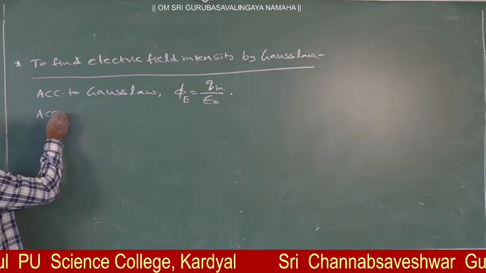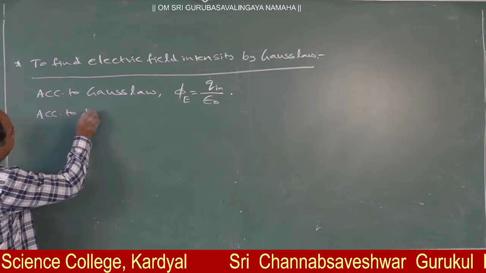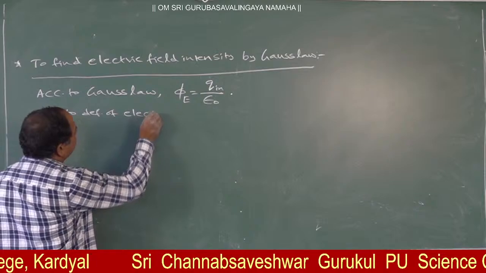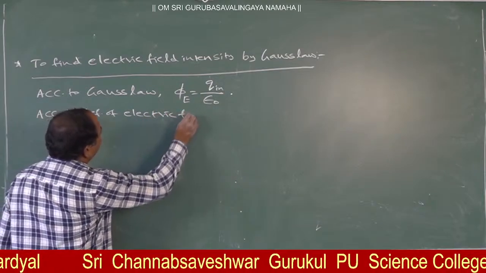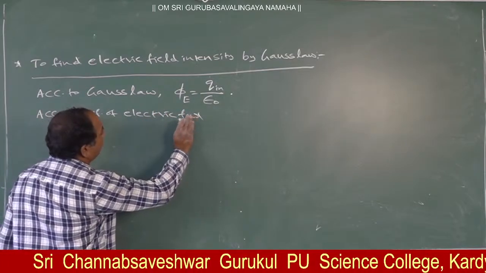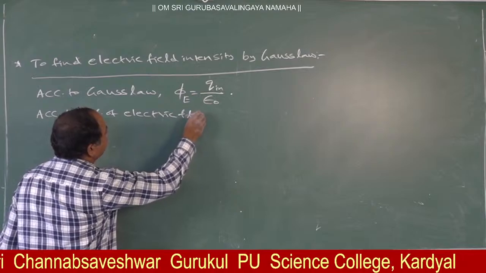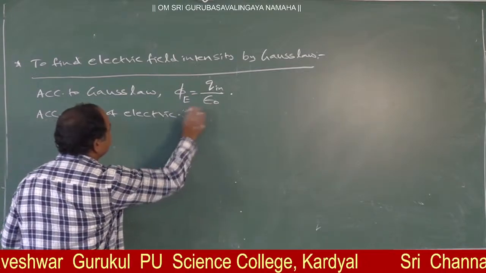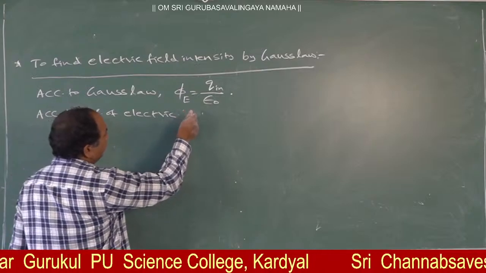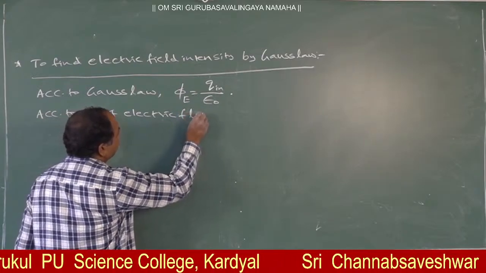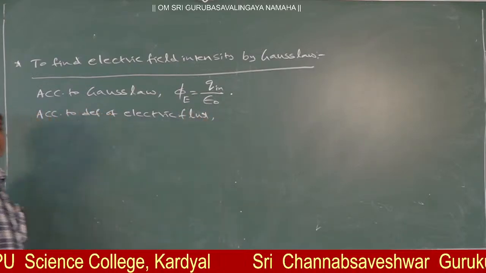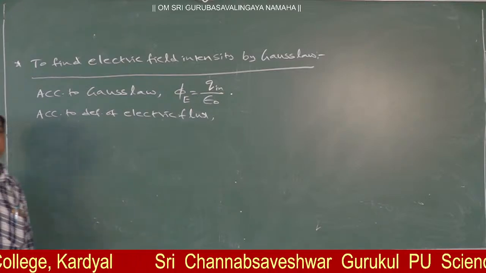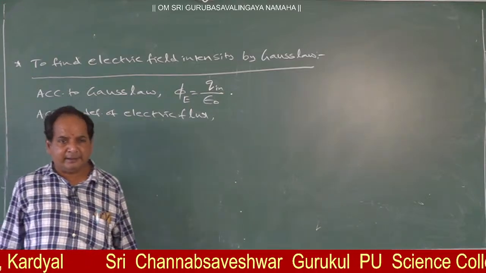According to the definition of electric flux, how is electric flux defined? Electric flux is the integral of the scalar product of electric field and surface area.